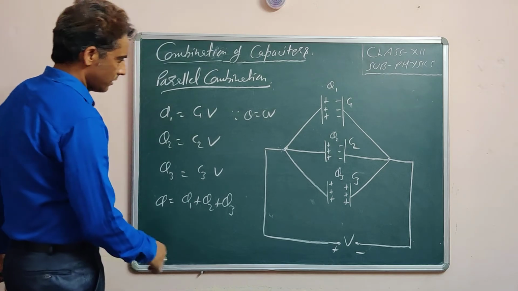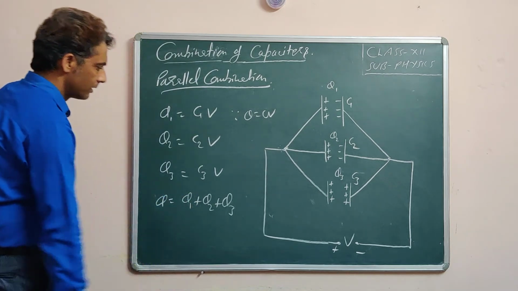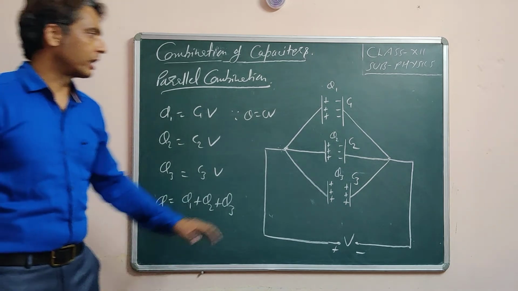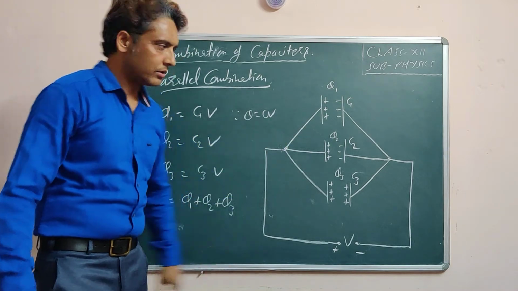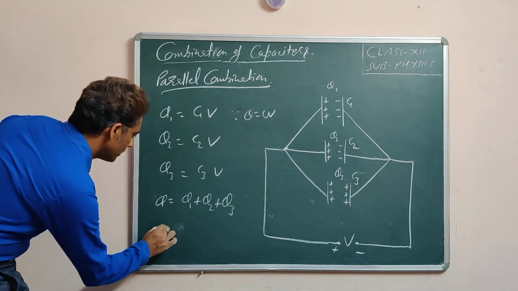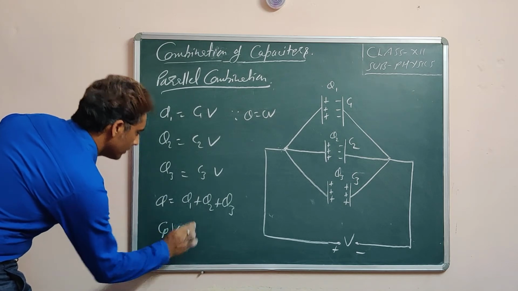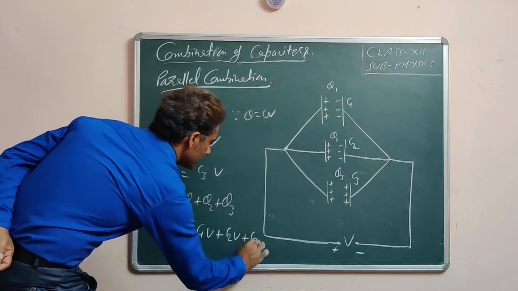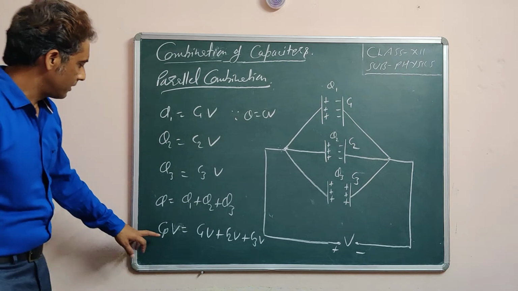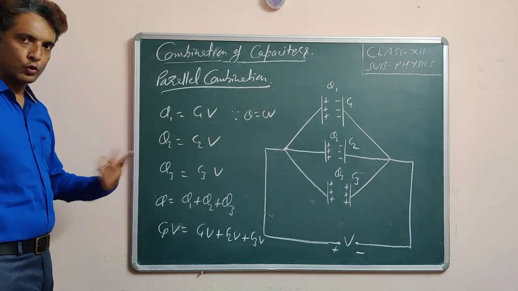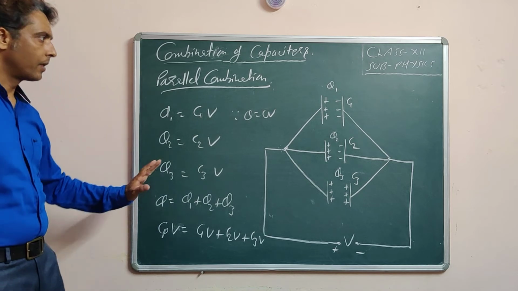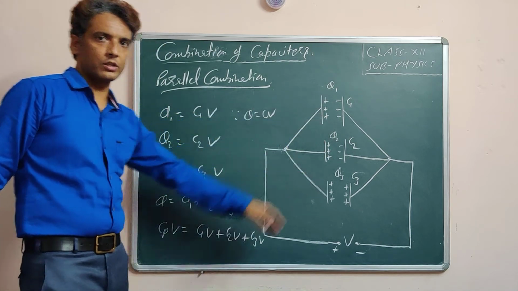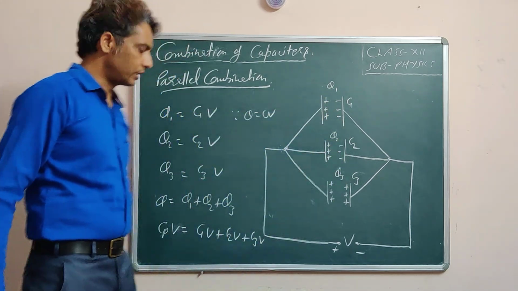So here if I assume that Cp be the effective capacitance of this combination, then I can write Cp into V is equal to C1V plus C2V plus C3 into V. Here this is the subscript, so I assume that Cp is the effective or equivalent capacitance of the combination of these 3 capacitors of capacitance C1, C2 and C3.